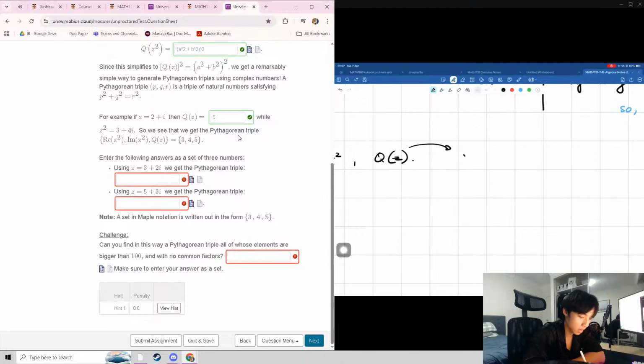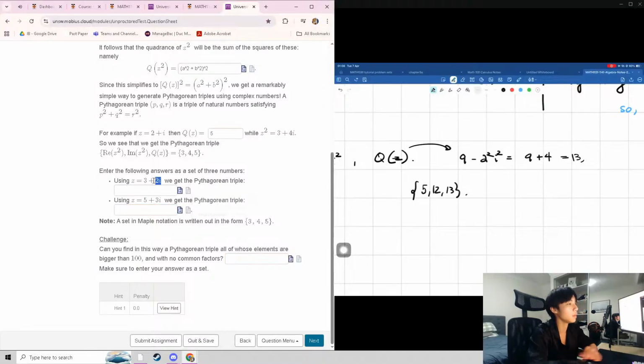Now we get 9 minus 2 squared to the i squared is 9 plus 4. And automatically 5.